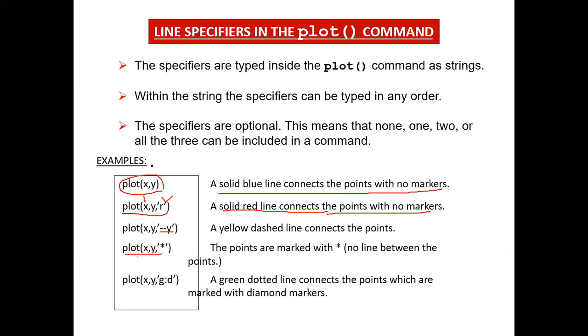So we can add plot x comma y, then green color, dotted line, with the diamond symbol.